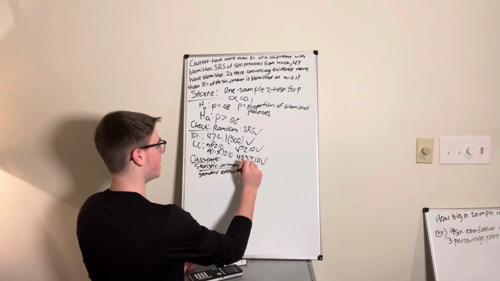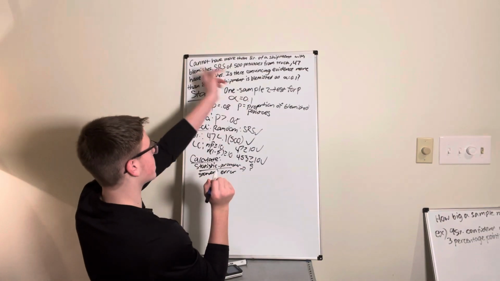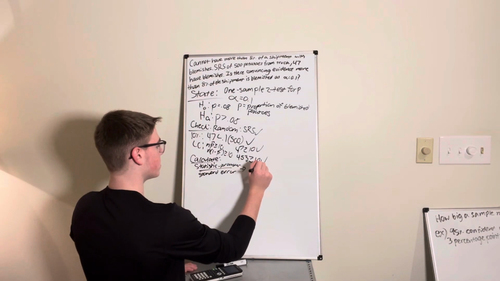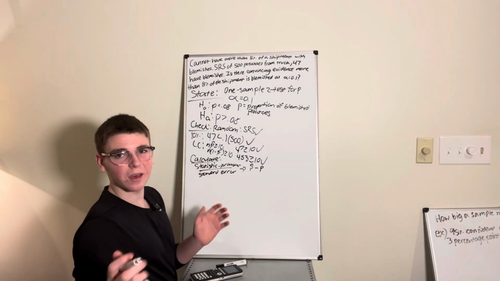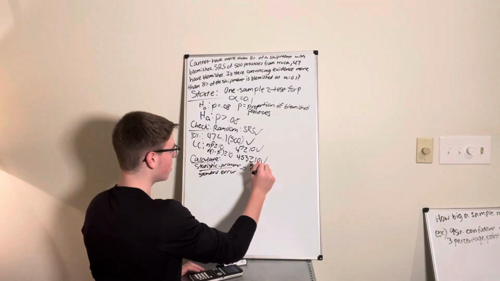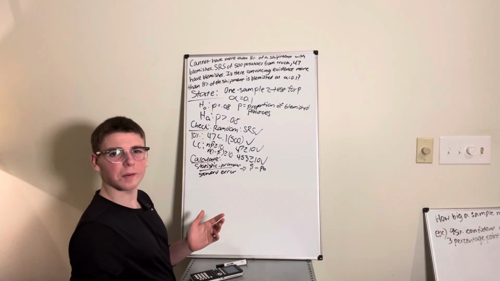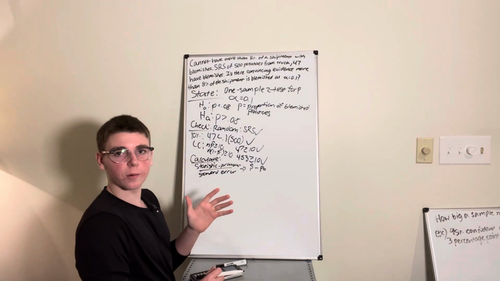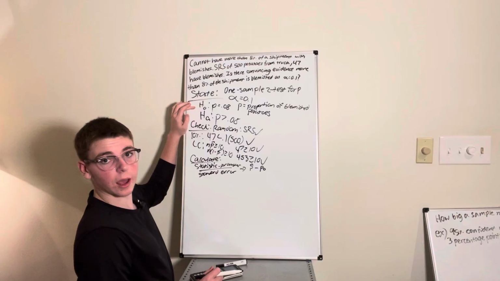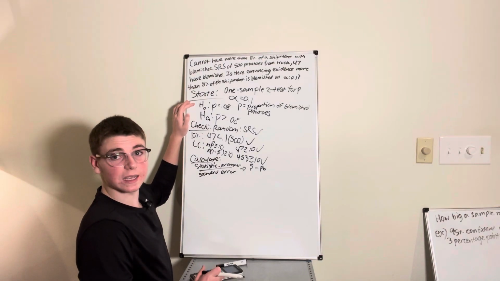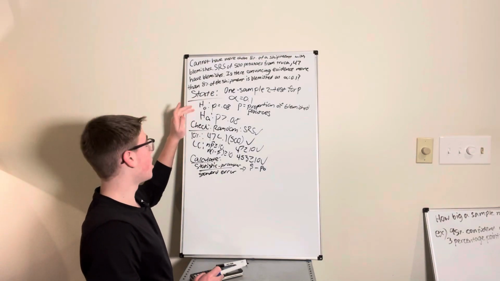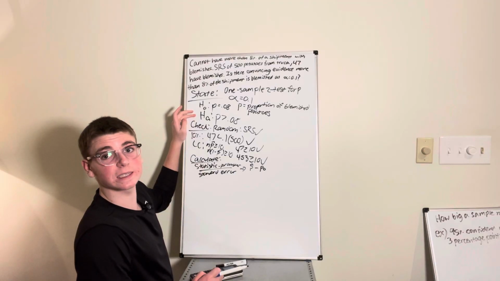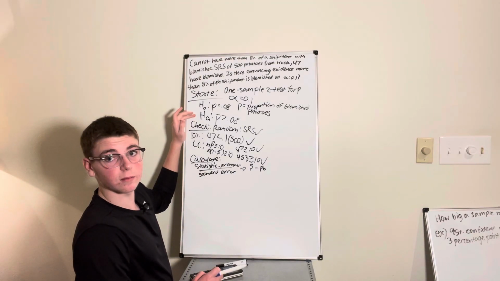It's our p-hat, and we're given a p-hat, which is 47 out of 500, minus p, which is the same thing. They call it p-naught to make it simpler, but a lot of people don't get that. Your parameter is given in your null hypothesis. So your null hypothesis is just the parameter, and then the alternate hypothesis is saying, well, is this sample different than the parameter?